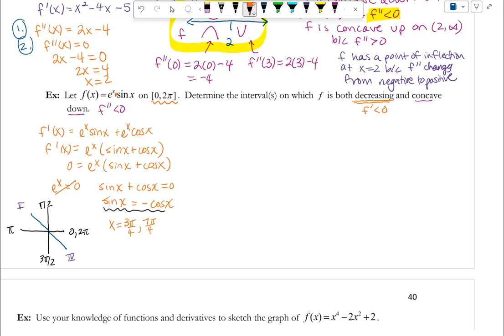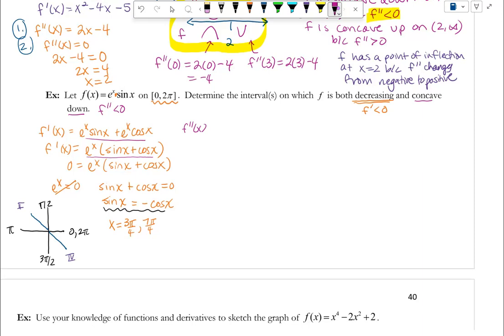Now, I'm going to come back to those in a second. We could reason about those now, but I'm going to go to the second derivative. So we said we need our second derivative to also be negative. If I take my second derivative, you could either use the product rule in this form, or we could take the derivative in this form. It doesn't really matter. We should get the same thing either way.